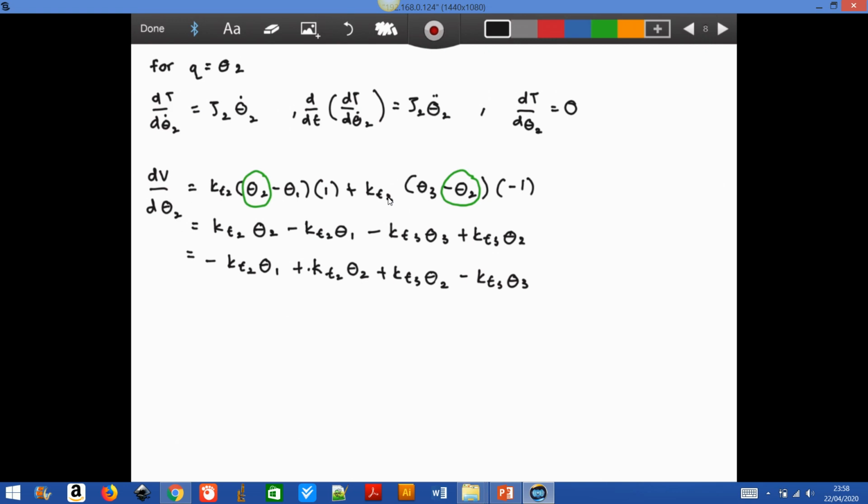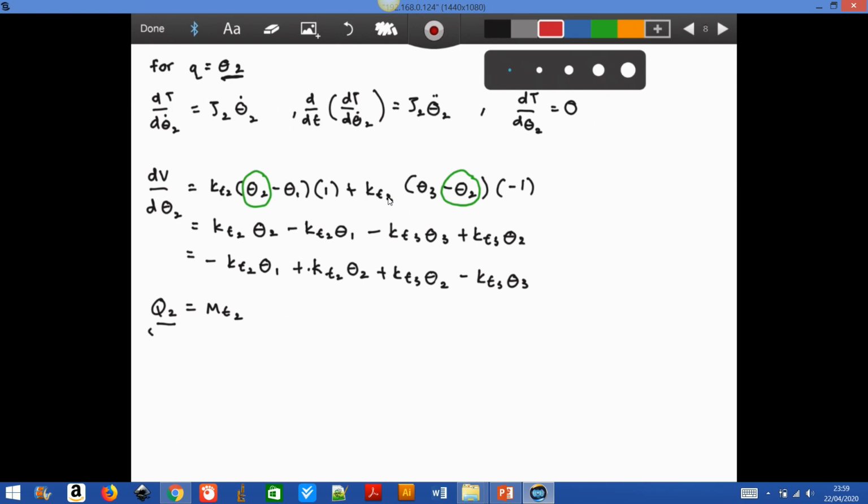Alright, next, Q2 is Mt2. Okay, since the general coordinate is theta 2, therefore Q2 is Mt2.